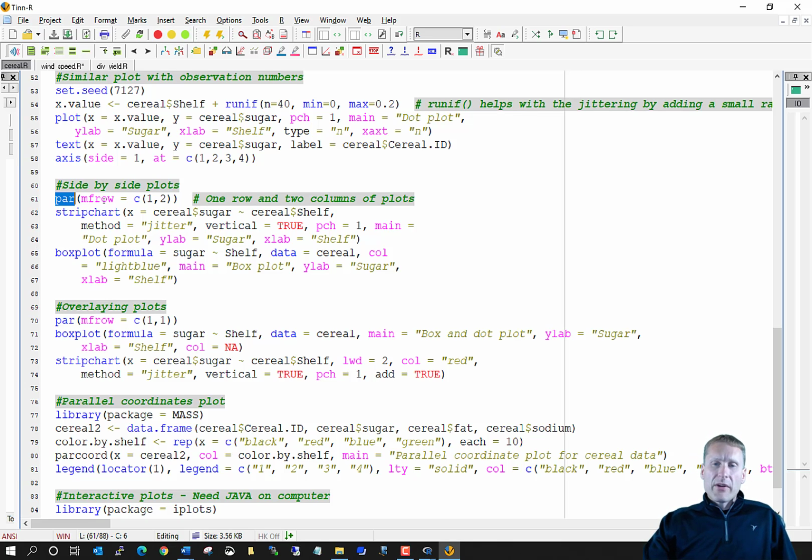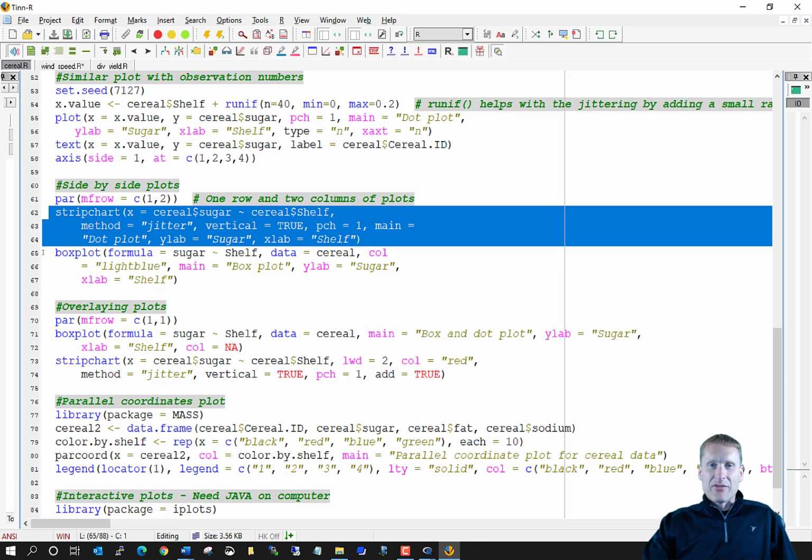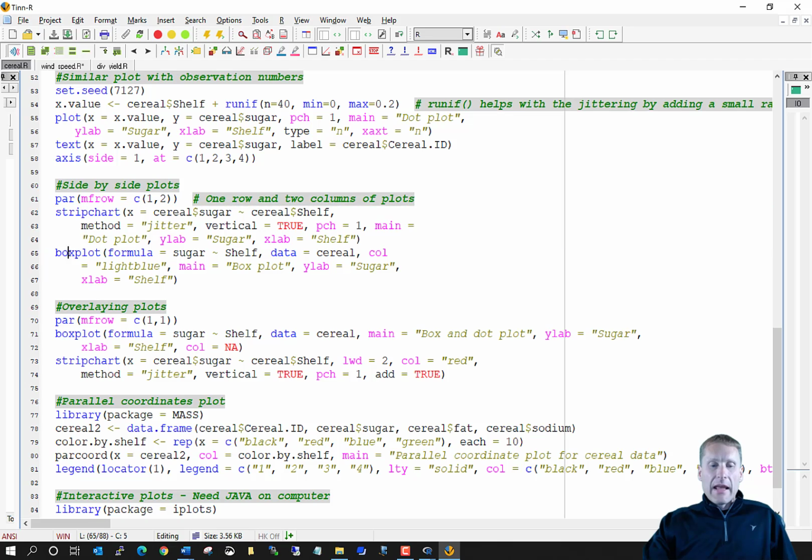And the graphics parameter that I'm going to choose to work with here is the one to make the frame by row, where I'm combining together one row, two columns of plots. In row 1, column 1, my first plot, I'm going to put the dot plot, just like what we saw before, and then I'm going to put the box plot.